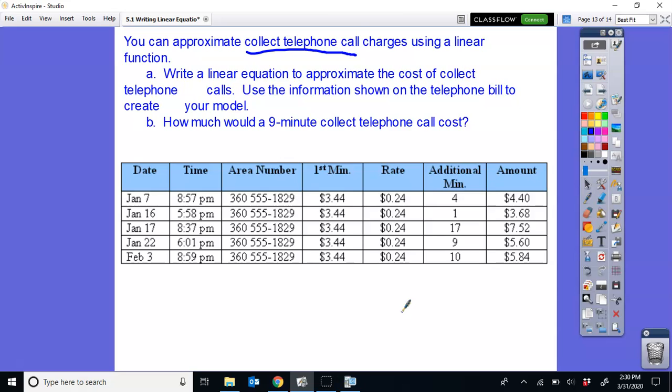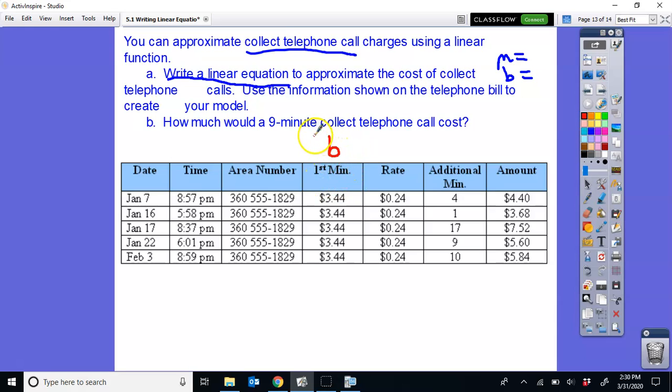So it says use the information in the telephone bill to create your linear equation, to create your linear model. So notice, do you have a beginning amount? Do you have an m, what it's changing by? If you pay attention to the table, I hope you can see it. If you look right here, the first minute, that's my beginning amount.